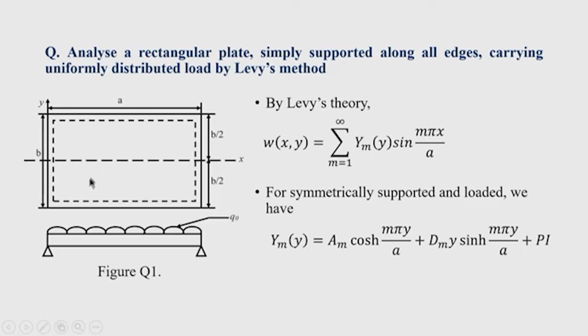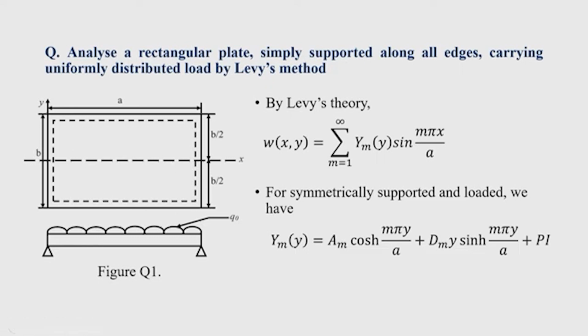So, the plate is symmetrical about this x axis, and therefore a symmetrical condition exists, and we can take only A_m cosh(m pi y by a) plus D_m y sinh(m pi y by a) plus the particular integral, because the plate is acted upon by a uniformly distributed load of intensity q naught per unit area. So, the load is generally expressed in the plate per unit area when it is distributed.